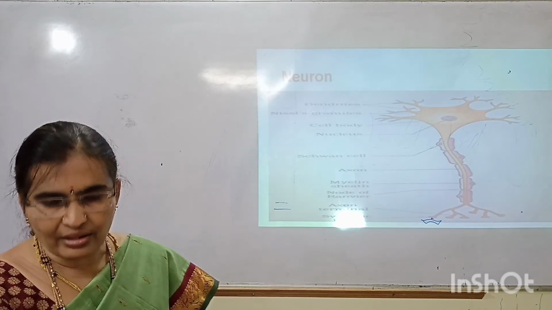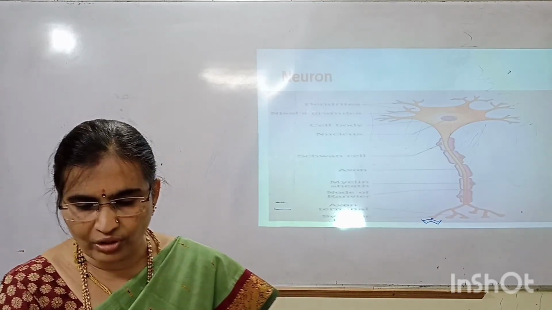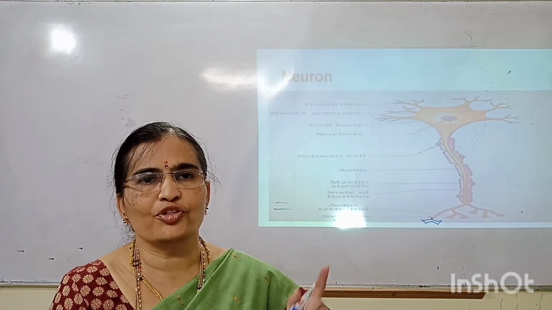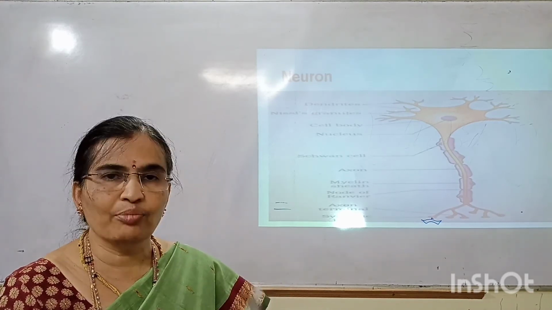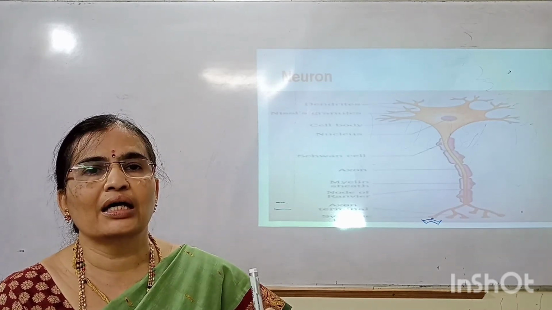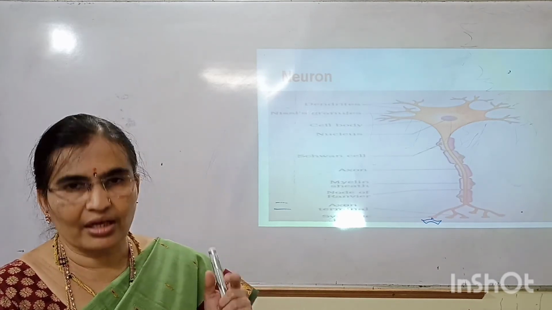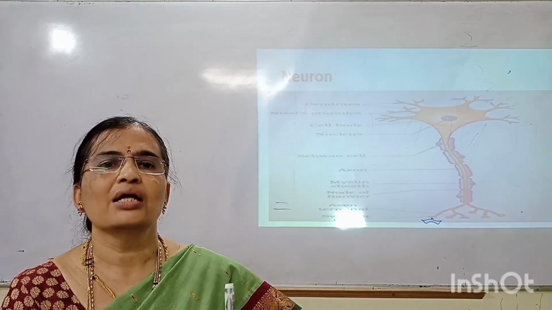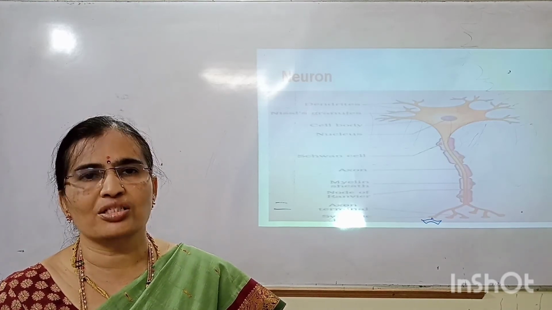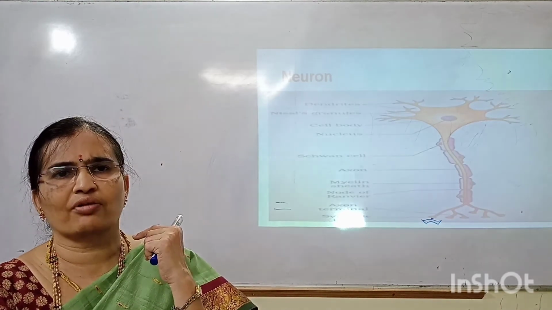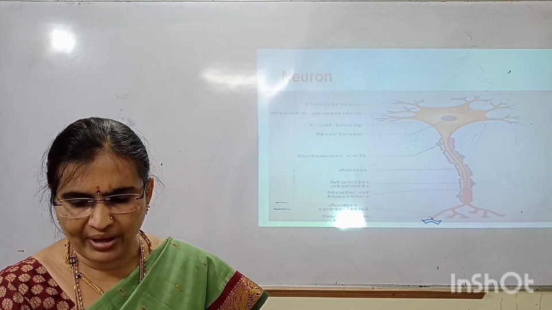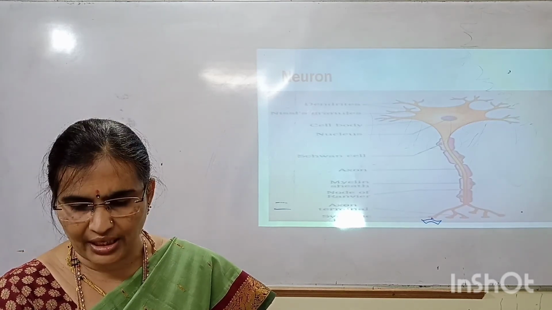Then lastly, gout. Gout is inflammation of joints because of accumulation of uric acid crystals, or urate crystals. They accumulate, because of which the joints swell, become very painful, and inflammation is seen.